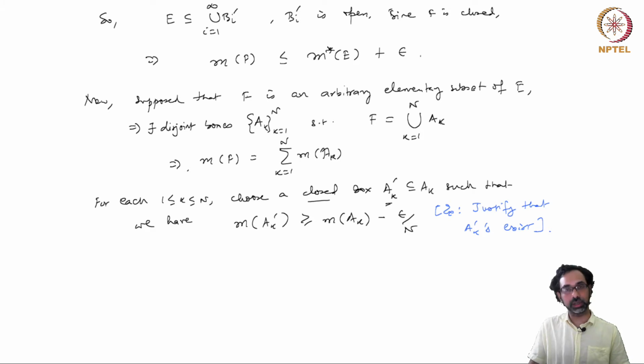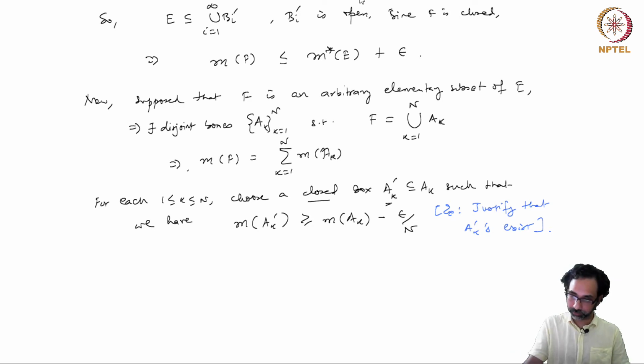In the previous case we used an enlargement of an arbitrary box to an open box, and in this case we are going to shrink the boxes a little bit so that it becomes a closed box, but still we have control over the volumes.